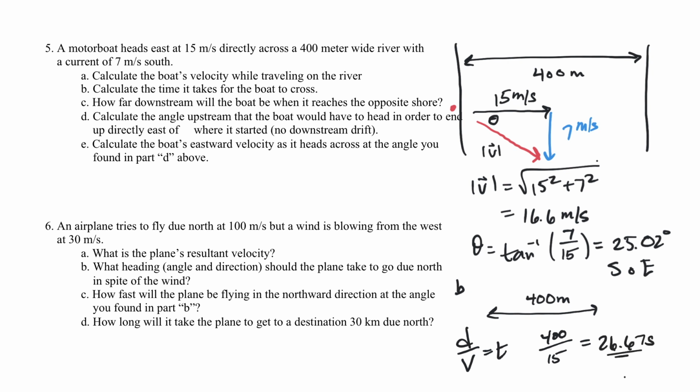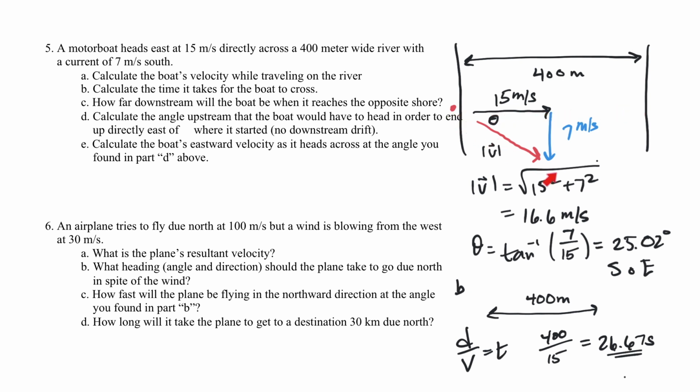Why did you put the velocity as 15 instead of the magnitude that we found? Because this is considering not just horizontal transfer. I'm not moving across the river at 16 meters per second. I'm moving diagonally down the river at 16 meters per second. Across the river, I'm moving 15 meters per second this way.